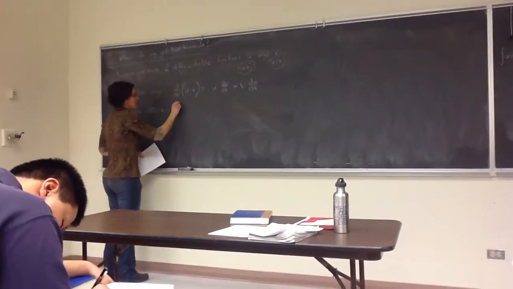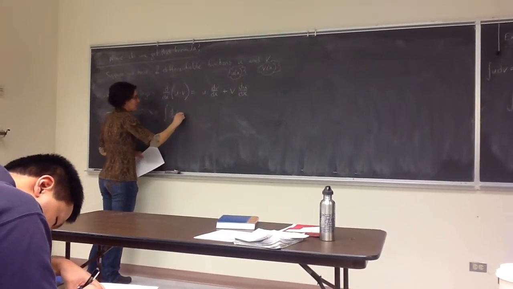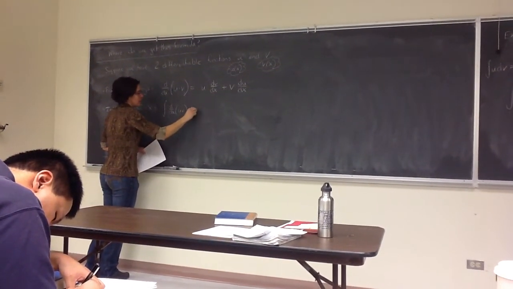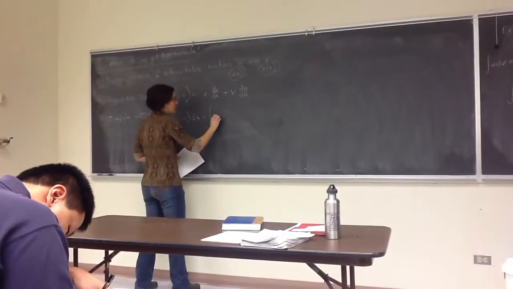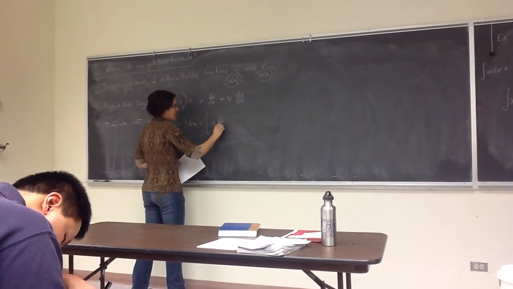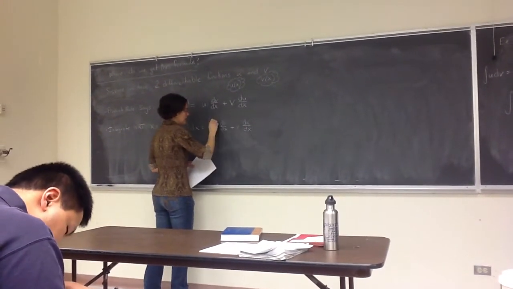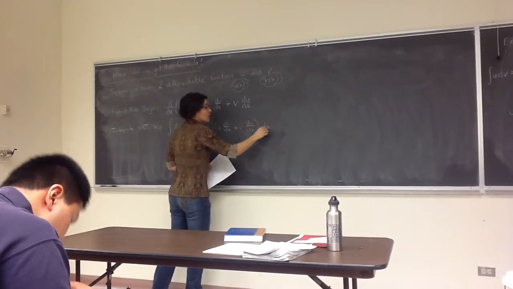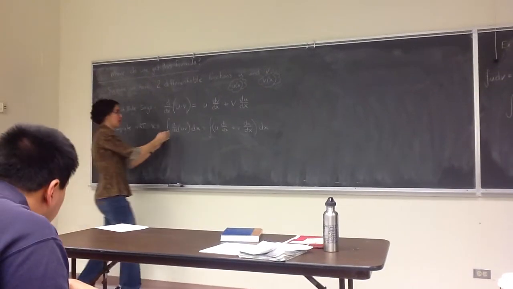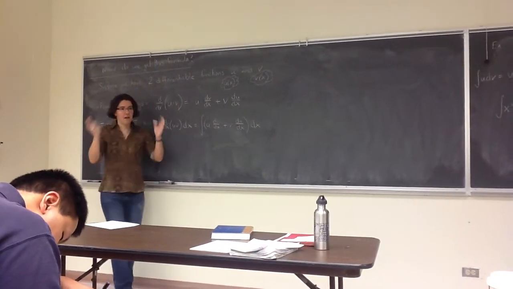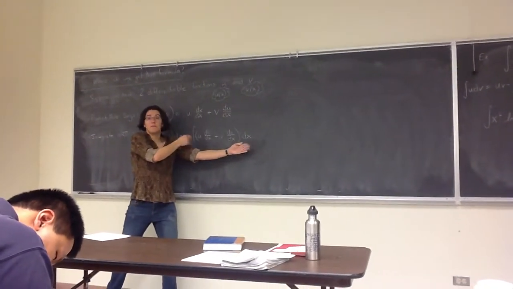On the left side, I have the integral of the derivative of u times v dx. And on the right side, I have the integral of u times dv over dx plus v times du over dx, and a dx at the end. In other words, I'm doing the same thing to both sides of my equation. I'm putting an integral sign and a dx around the left side, and I'm doing the same thing on the right side.